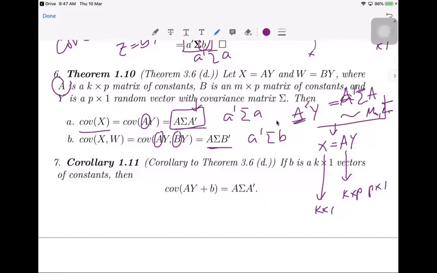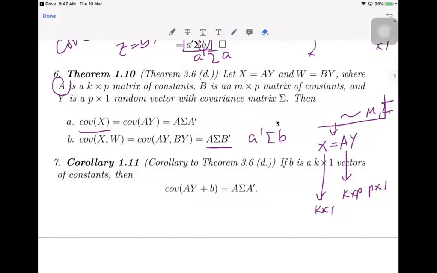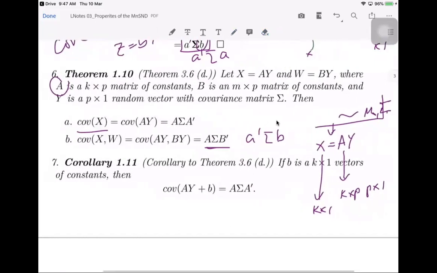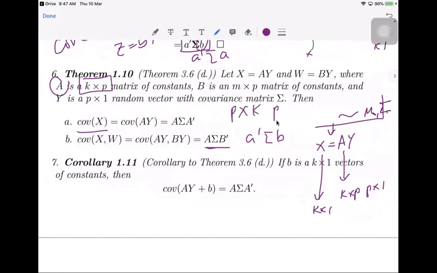Why? Why can't it be A transpose? Because it is no longer conformable, ma'am. Okay, because it will not be conformable given how we defined the dimension of A. It becomes p by k, while your Y is p by 1.